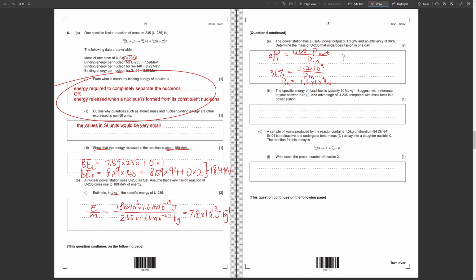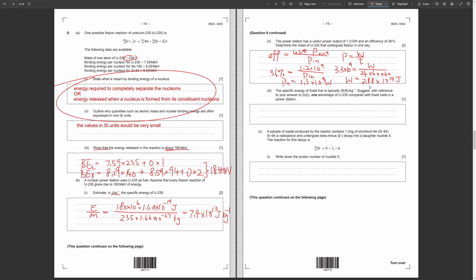Then what is the amount of fuel required to burn in order to give this power in 1 day? Let's convert 1 day into seconds. We have 24 hours, 60 minutes, and 60 seconds to give the target power, 3.3 times 10 to the power of 9. So the work done or the energy required is 2.88 times 10 to the power of 14 joules.